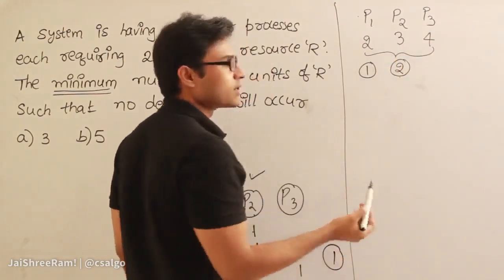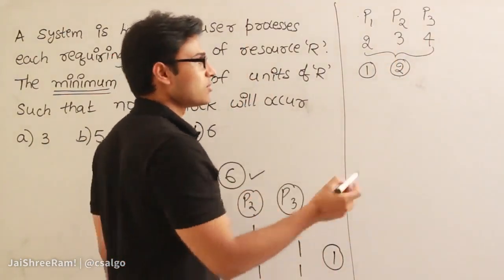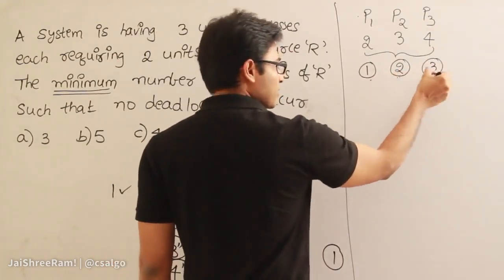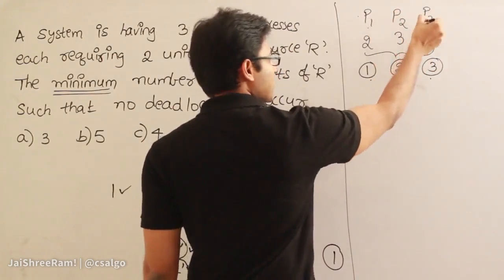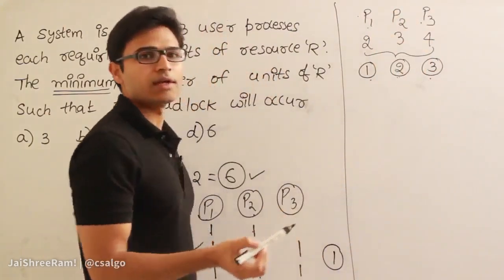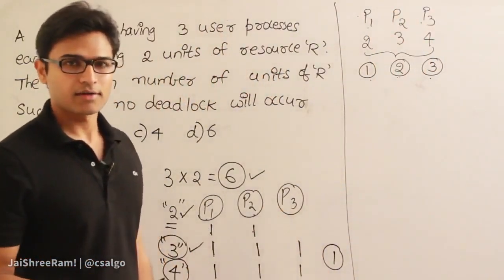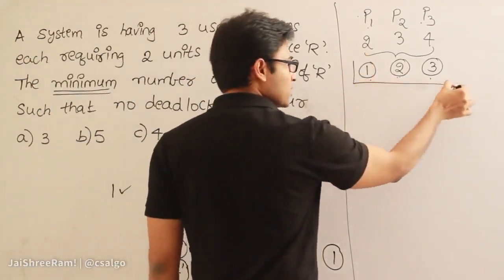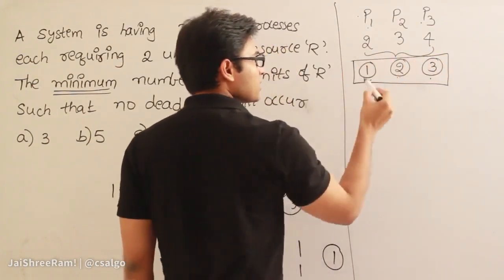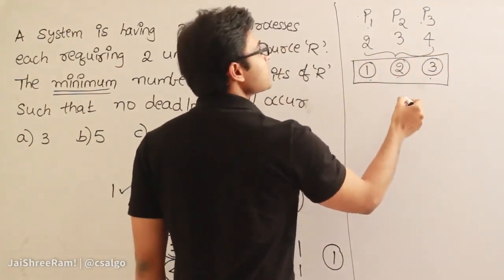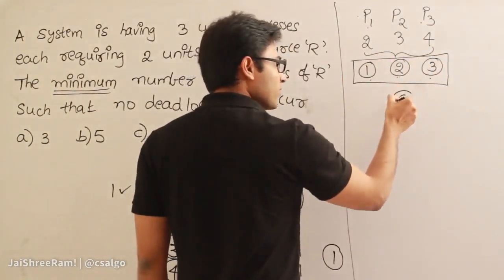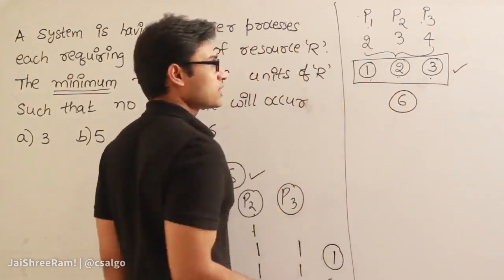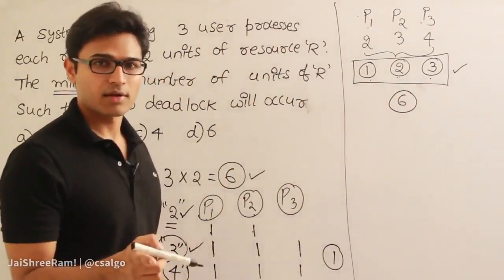Since it requires 4 resources, if I give it 3 resources, it will wait for 1 more. If I make such an assignment to all these 3 processes, they will all fall in a deadlock, isn't it? So the maximum number of resources which will still cause a deadlock is 1 plus 2 plus 3, which is nothing but 6. So even if I have 6 resources, deadlock is possible. This is the maximum number of resources which will cause the deadlock.